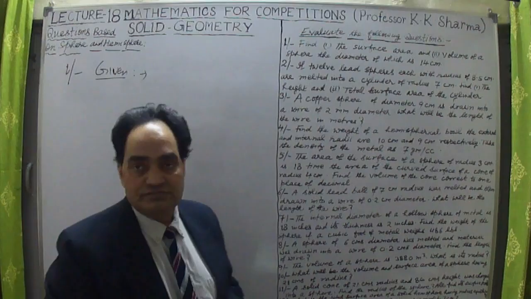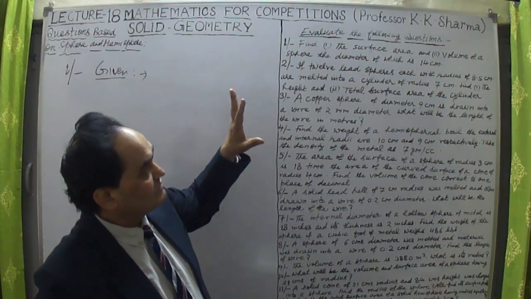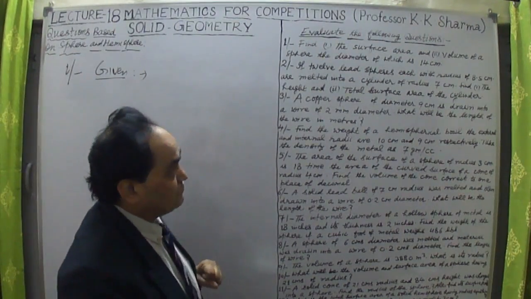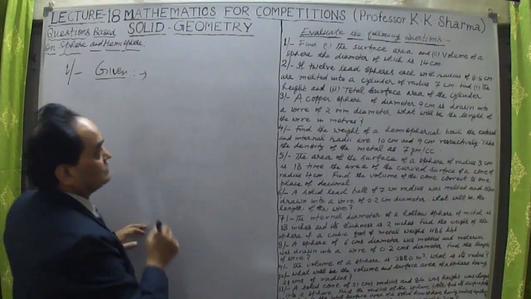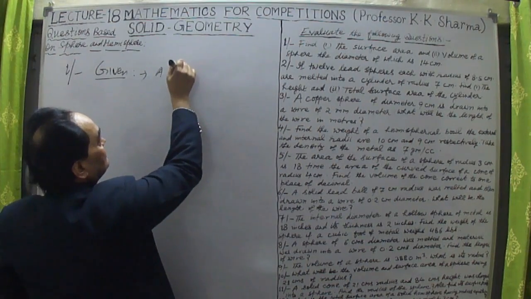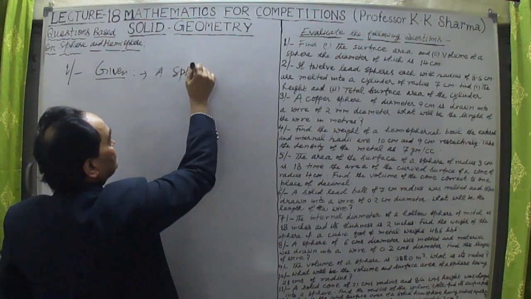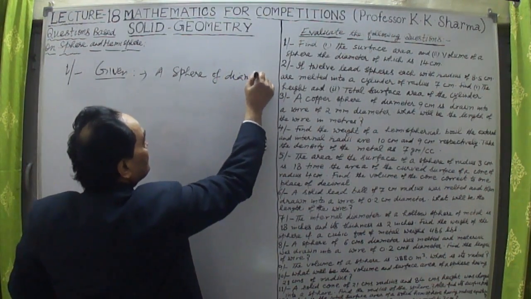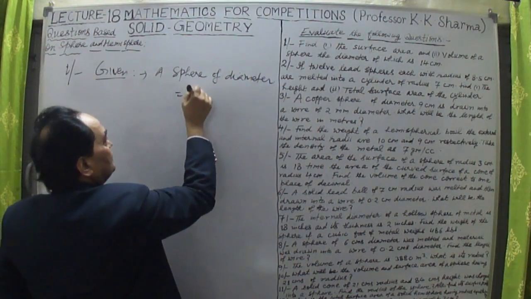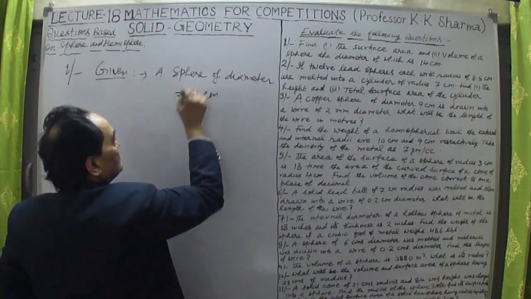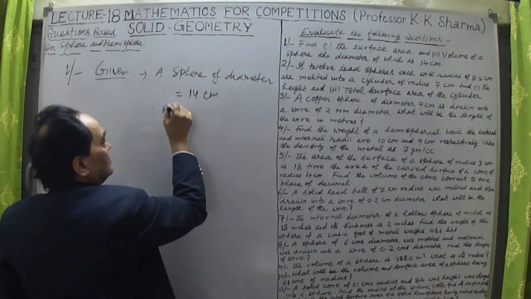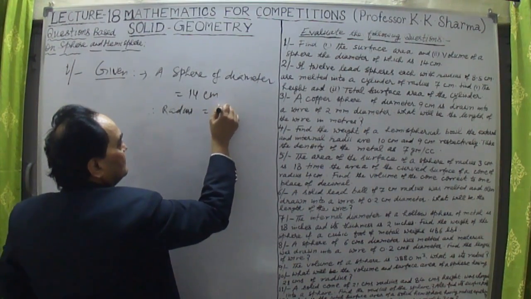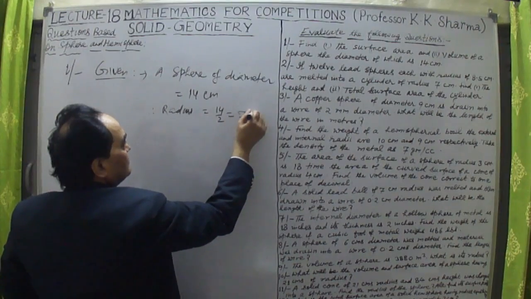It says find the surface area and the volume of a sphere, the diameter of which is 14 centimeter. What is given to us? A sphere of diameter equal to 14 centimeter. Therefore the radius will be 14 by 2, equal to 7 centimeter.